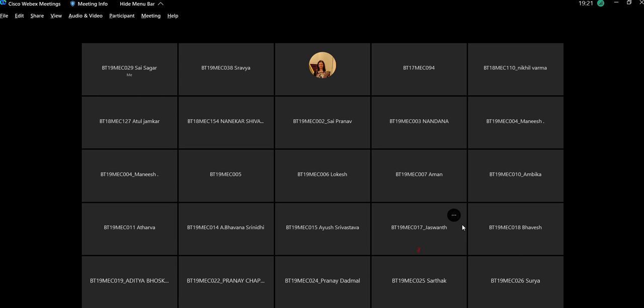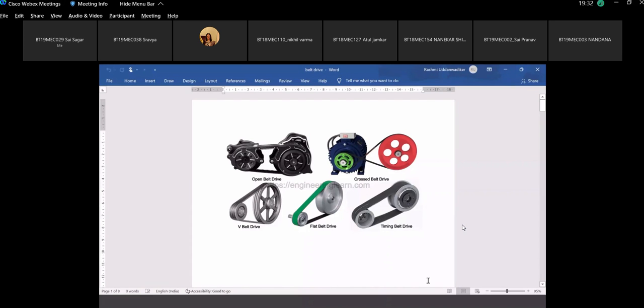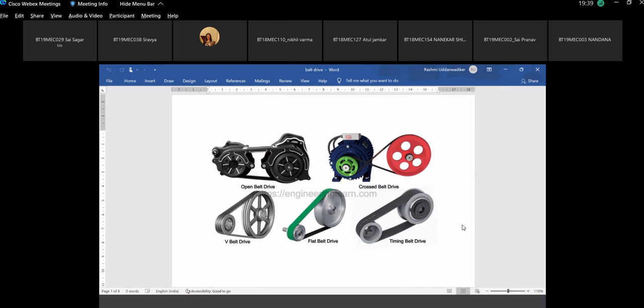So what are belt drives? When do you use a belt drive? Use for speed reduction. It's again a power transmission element between two shafts.